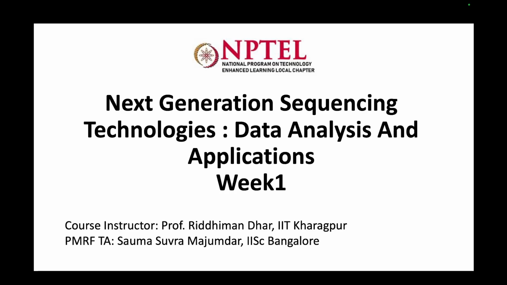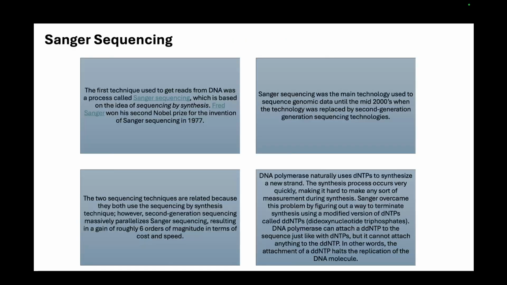Let's get this started. The first topic that has been taught here is Sanger sequencing. When we talk about next generation sequencing, we should also know where it came from, and what was the first type of sequencing used to sequence the genome, or at least short stretches of the genome, because this technology was not so advanced that you could read the whole genome very quickly.